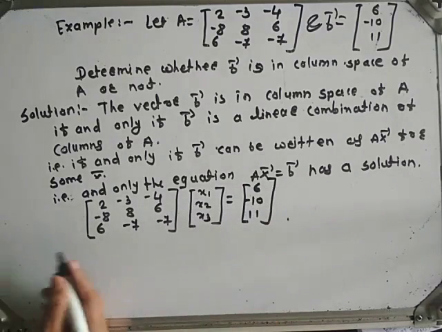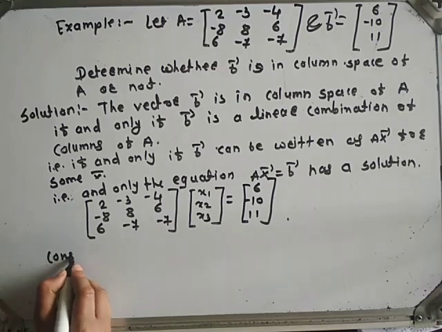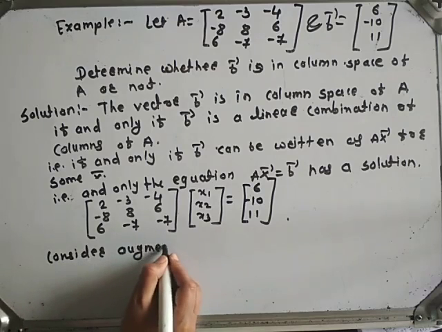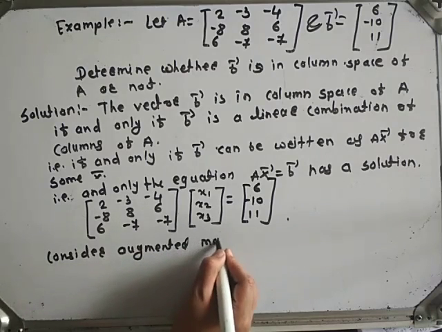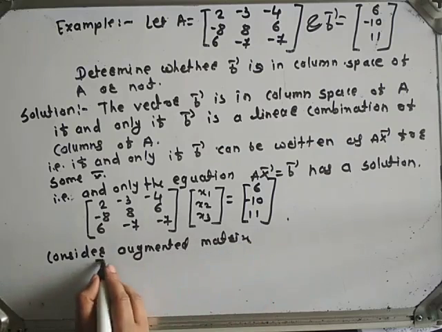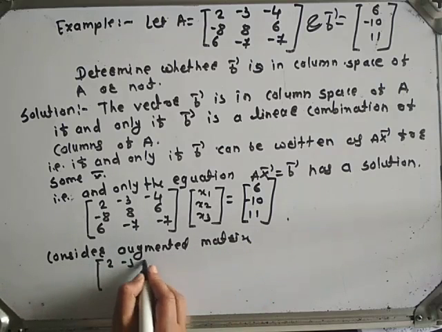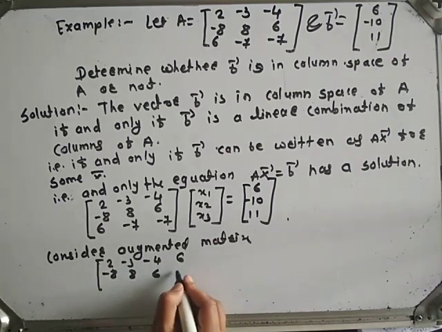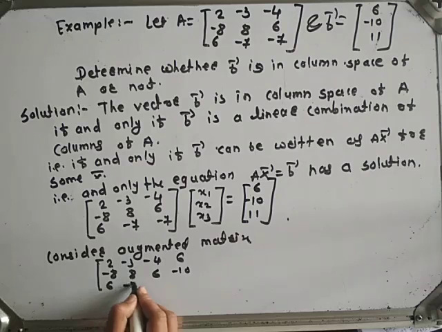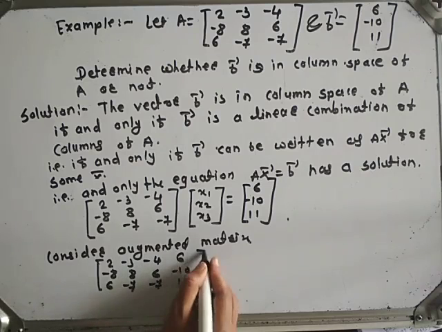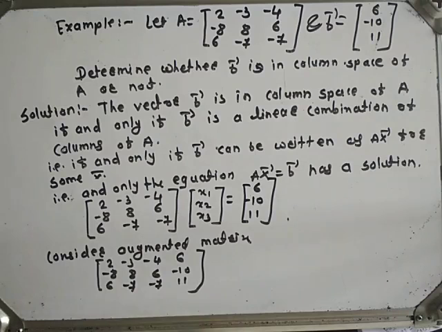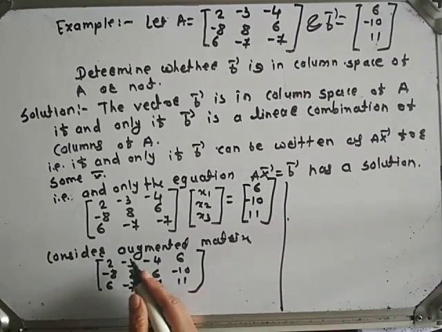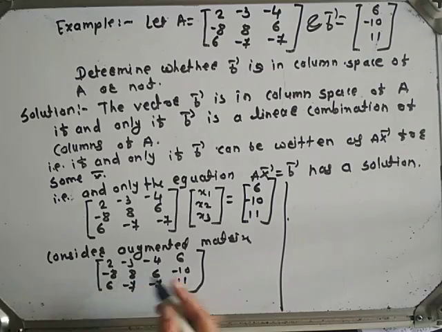Consider the augmented matrix. Augmented matrix is 2 minus 3 minus 4 6, minus 8 8 6 minus 10, 6 minus 7 minus 7 11. Students, your homework is to obtain its reduced row echelon form.